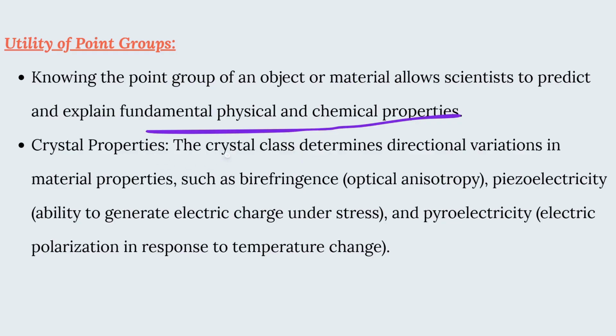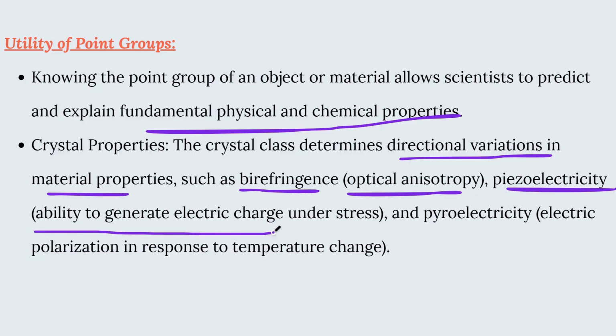And there are a few things I would like to highlight here: the directional variations in material properties depend on these point groups, such as birefringence, which represents optical anisotropy, or piezoelectricity, the ability to generate an electrical charge under stress conditions.